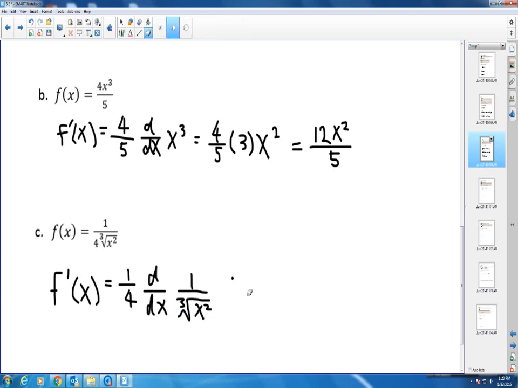So let's look at this 1 over cube root of x squared. If I rewrite the cube root, that will be 1 over x to the 2/3 power, because the denominator determines the root.